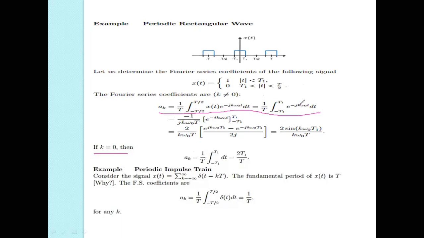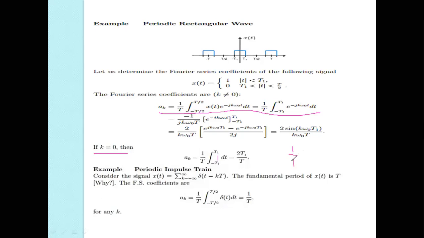e power minus j k omega naught t. The k value is 0, means e power 0. What is the e power 0 value? It is 1. e power 0 is 1. So a naught is equal to 1 by T, integral from minus T1 to T1, 1 into dt. What is the integral of dt? It is t.